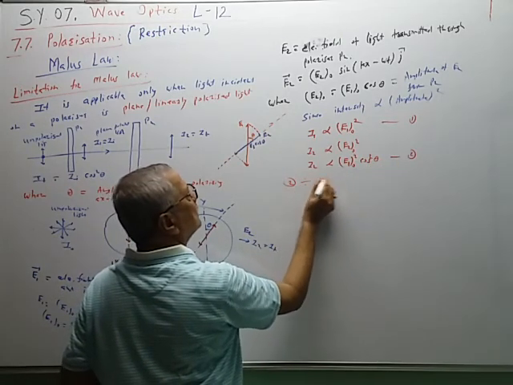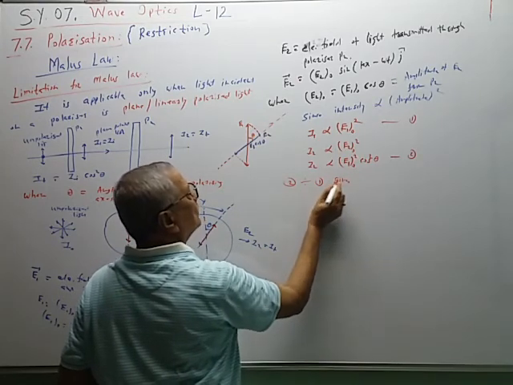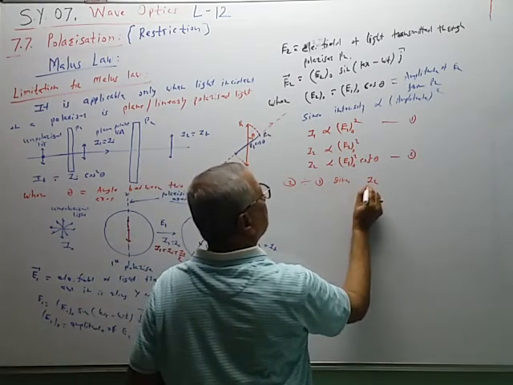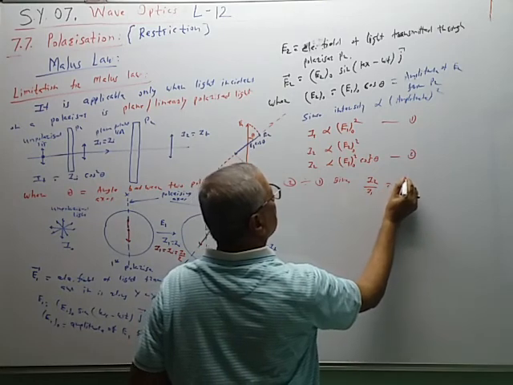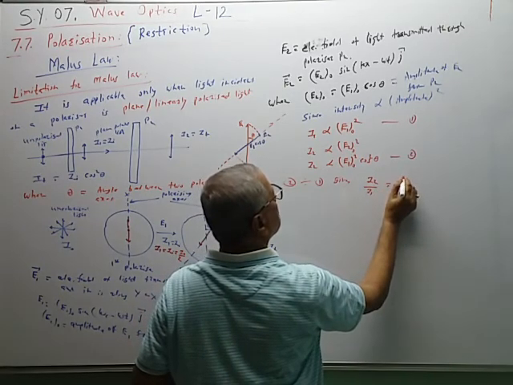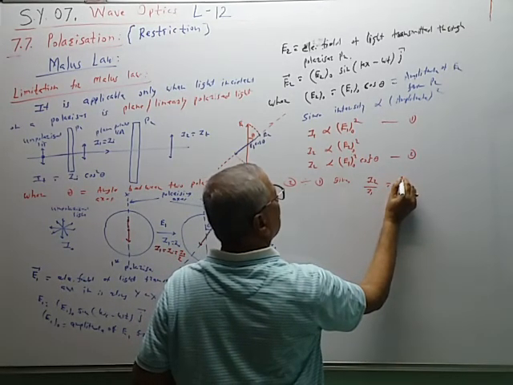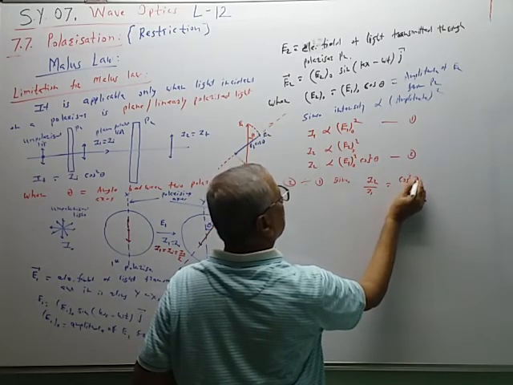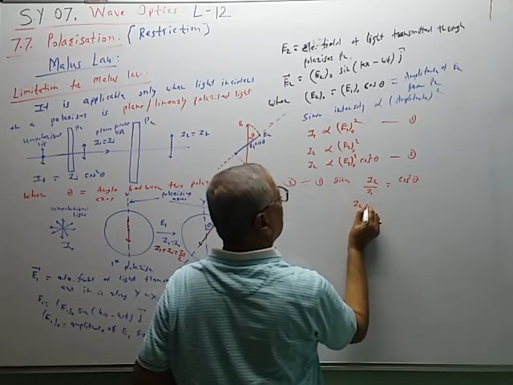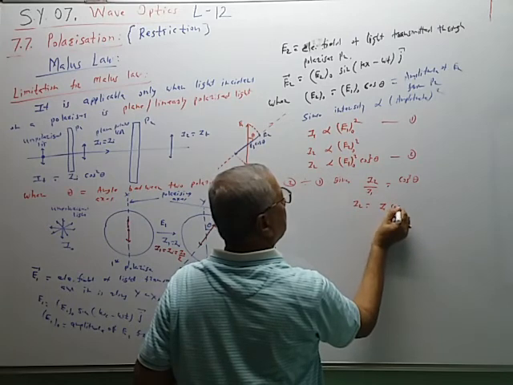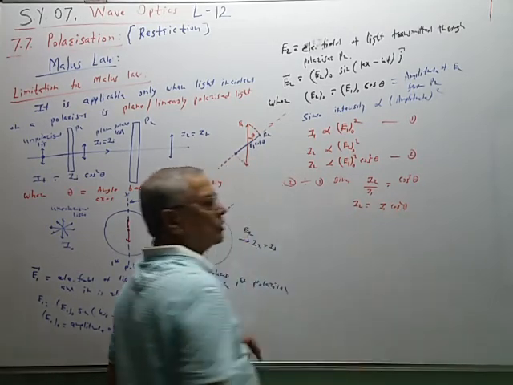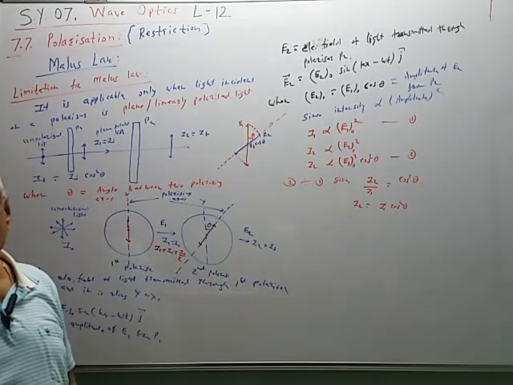Equation 2 by 1 gives I2 upon I1 is equal to cos square theta. Therefore I2 is equal to I1 cos square theta.